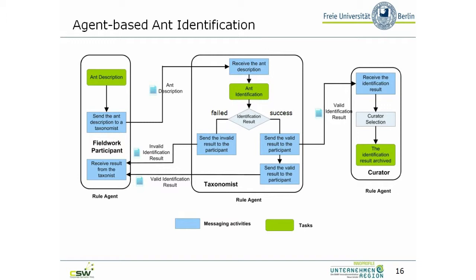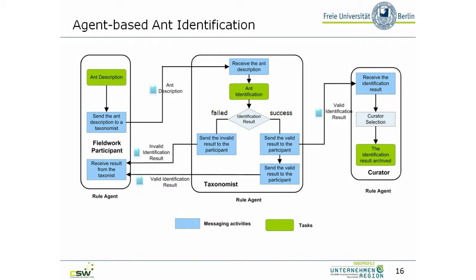For each actor there is a ROR agent that performs its tasks on their behalf, and besides their internal behaviors, there are many messaging activities used to interact with each other. For example, we can see a fieldwork participant ROR agent needs to send the ant description to the taxonomist ROR agent and receive the result from it.